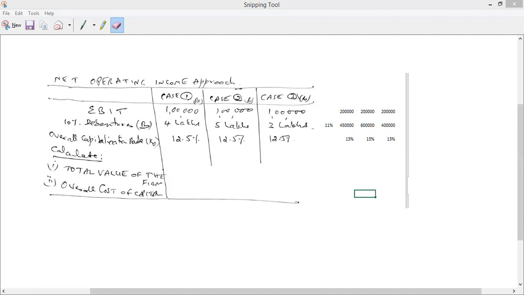I think Joshi is done with it. Anvesa, did you get the answers? The cost of equity? Almost. I just got a little confused with what to divide it by. We have to divide by 13%, right? Which one are you calculating? For the equity, I have the net income.